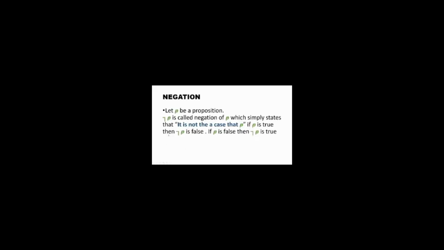It is not always necessary to place "It is not the case" in front of the proposition; you can write something else that goes with the meaning: Adam and Eve haven't lived together for many years. So we have P and not P. When P is true, then not P is false. When P is false, not P is true.